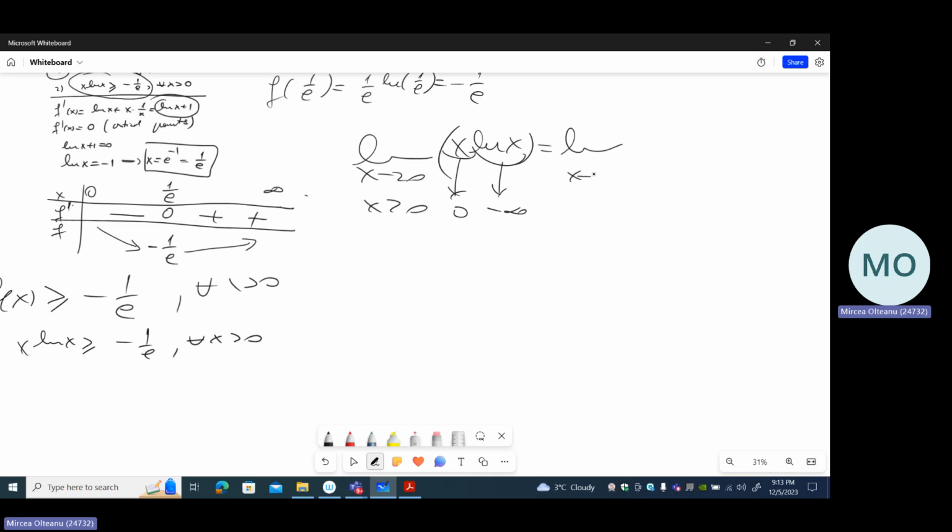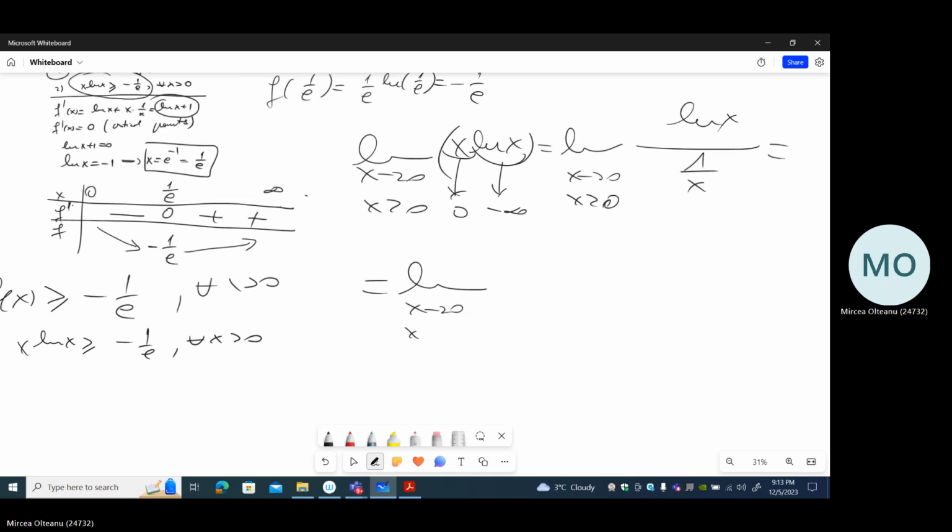The usual way to compute this limit is to write it as logarithm of x over 1 over x. Now this is infinity over infinity. One can apply L'Hopital's rule here. After L'Hopital's rule, you get 1 over x over minus 1 over x squared, which means limit when x tends to 0 from the right of minus x. And this is 0. So the limit at 0 is 0.